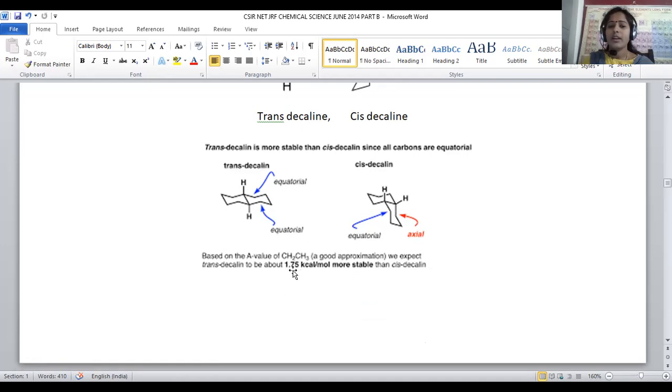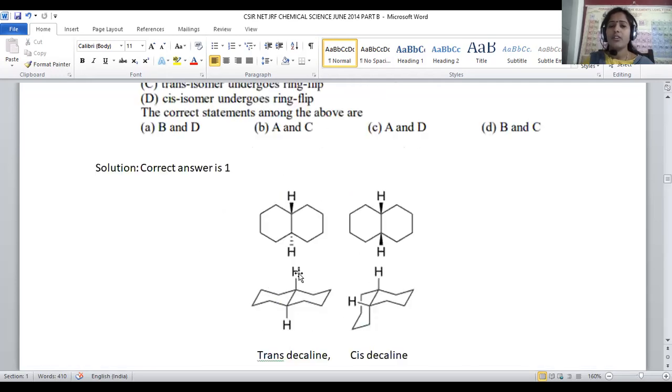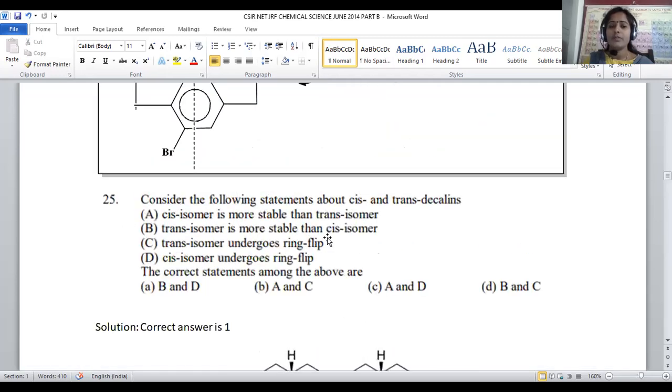So by this extent, energy stability is imparted to the trans isomer when compared to cis decalin. This is the energy gap between the cis and the trans isomers. From this, it is very obvious that trans will be more stable when compared to cis. Option number B is the correct answer, that is given in the first one and last, that means the fourth option.